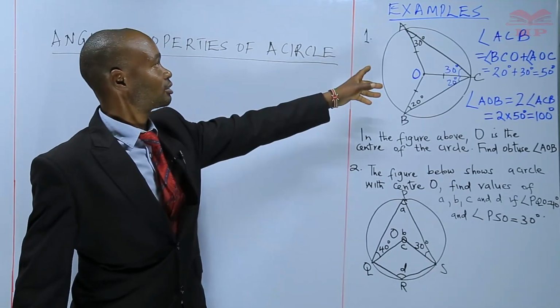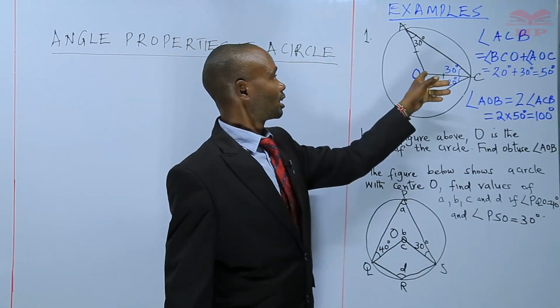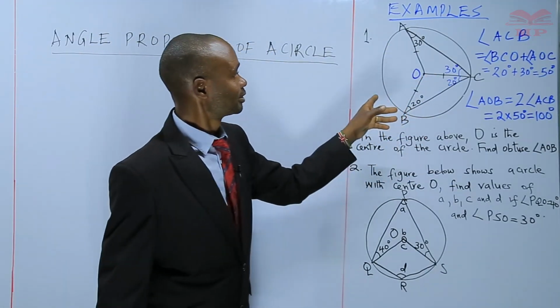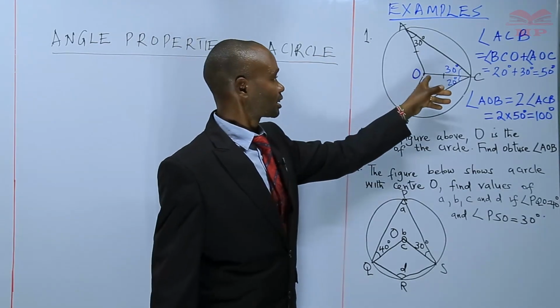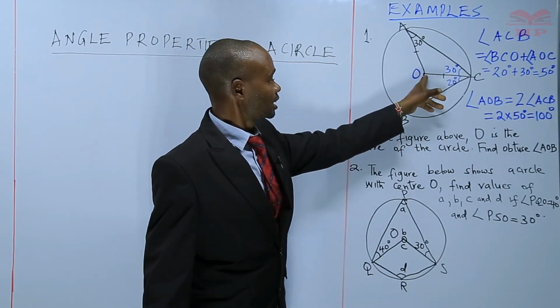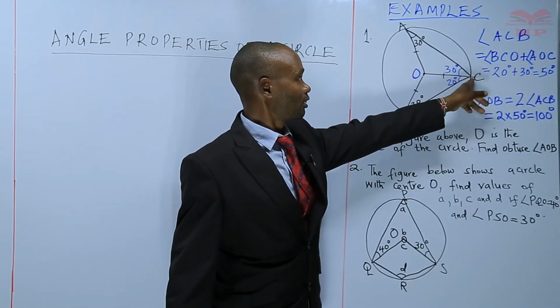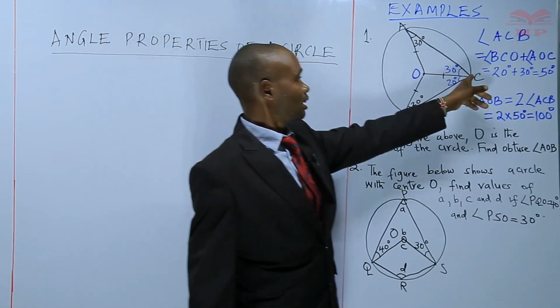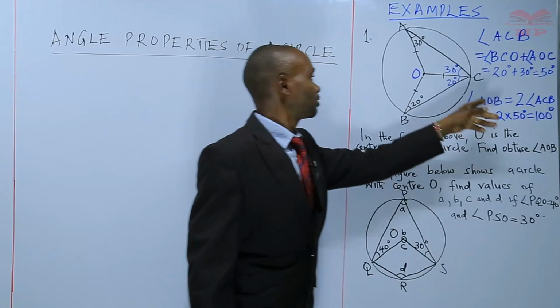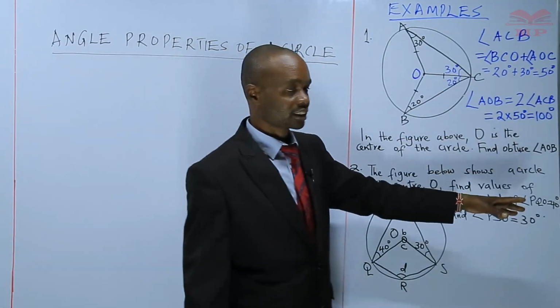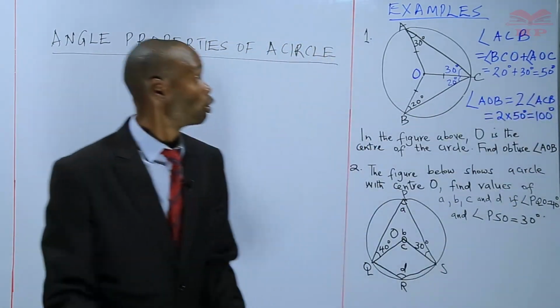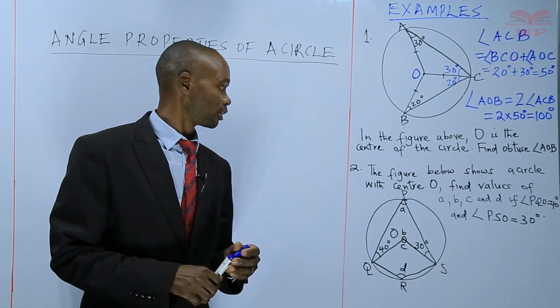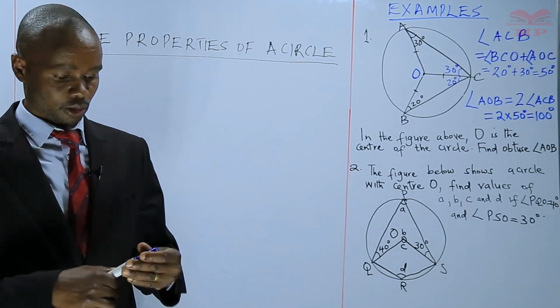It has emanated from the concept that if we have a chord, the angle at the center is twice the angle at the circumference, or the angle at the circumference is half the angle at the center. So that is the value of that obtuse angle.